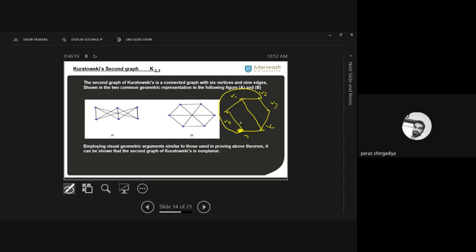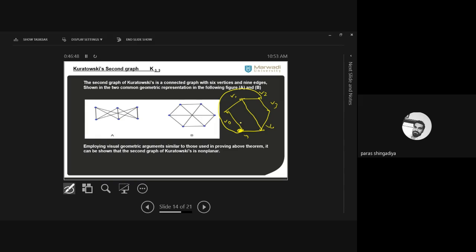Clear? Step 2. And now in the last step, still one connection is remaining. Which connection is remaining? That is V3 and V6. Still this is remaining, given here as V3 and V6. If we connect it inside, it will cross the inside edge; it will cross here.